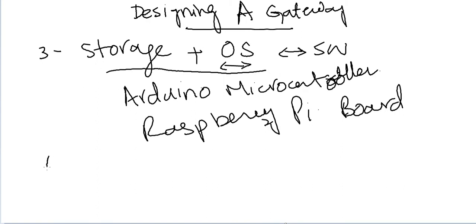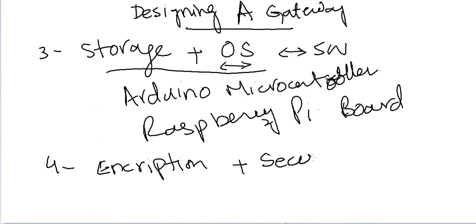Number 4, a very important factor, is encryption, data encryption and security. For example, the data that we send from the gateway to the devices, or from the gateway to the cloud, should be encrypted, because we don't want somebody sniffing the data in this wireless communication.